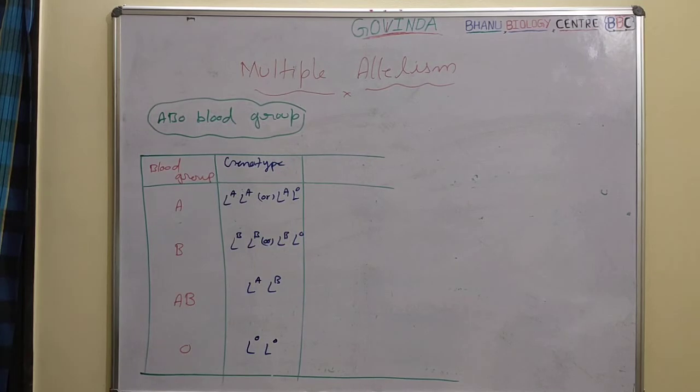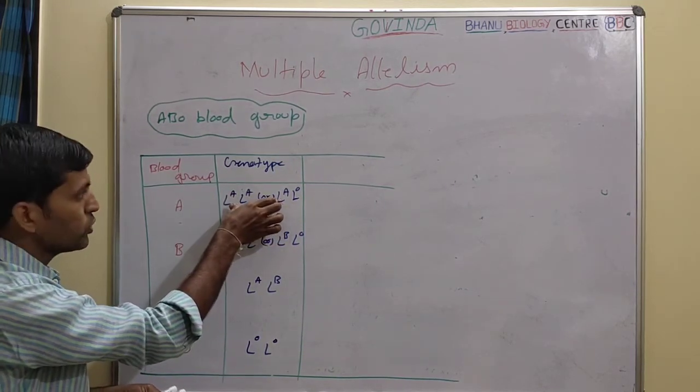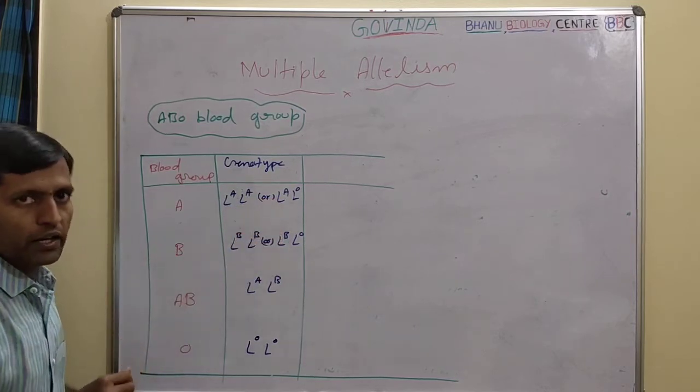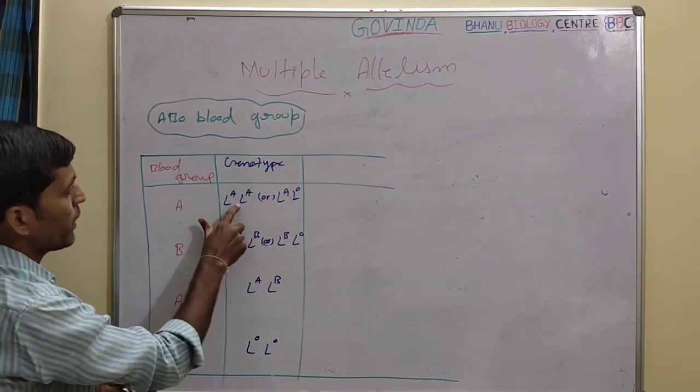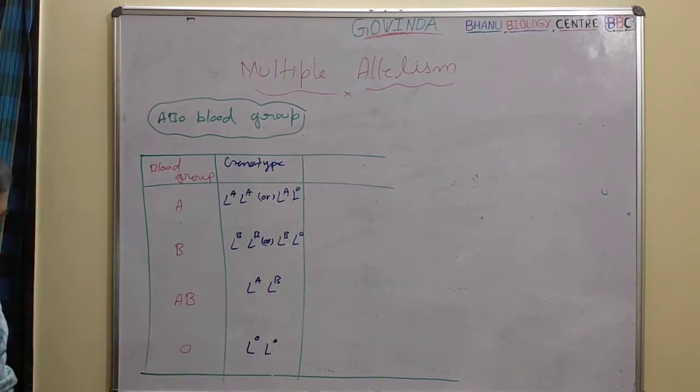How many different types of genotypes are possible with 3 alleles? 1, 2, 3, 4, 5, 6 different types.